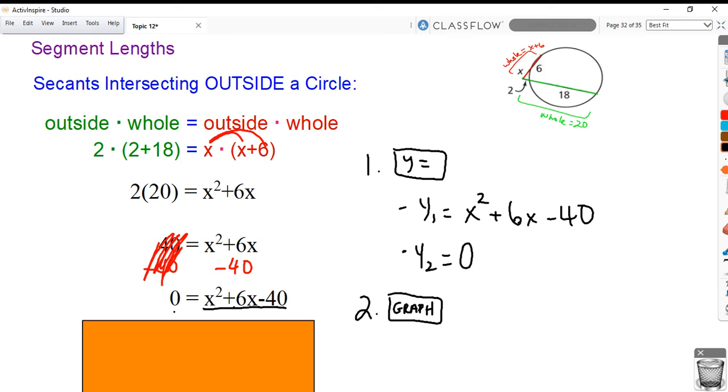After you've graphed it, you're going to hit second, trace, 5.